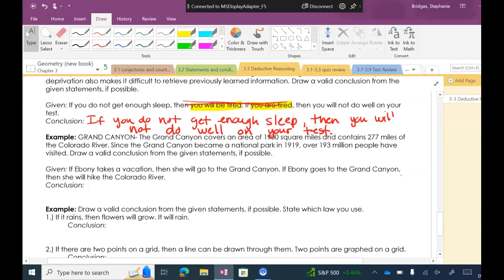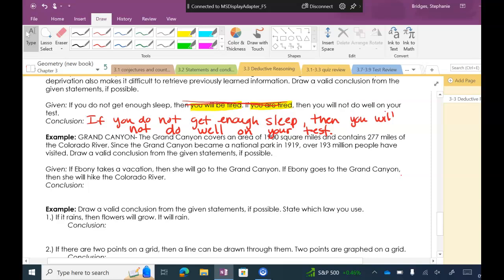So it says, if Ebony takes a vacation, then she will go to the Grand Canyon. If Ebony goes to the Grand Canyon, then she will hike the Colorado River. So what I want you to do, look at the conclusion in the first statement and the hypothesis in the second. If they match, we can draw a valid conclusion by getting rid of those two matching pieces and writing the leftover stuff.